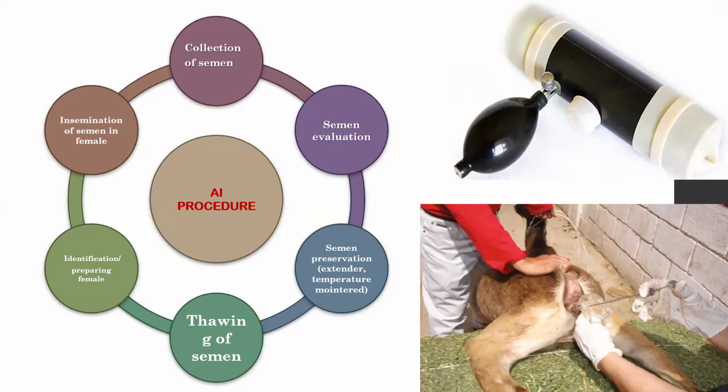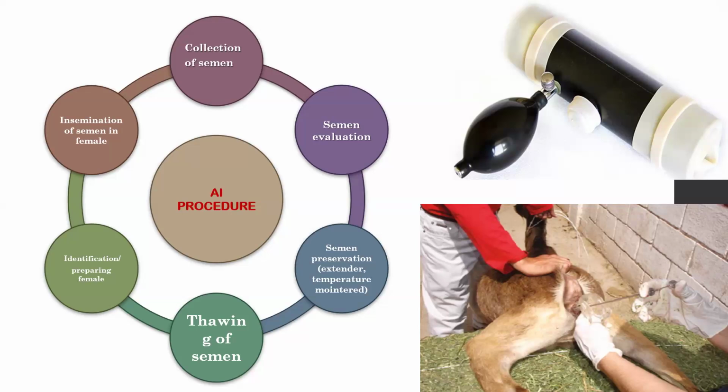For preservation, we need suitable extenders, and the temperature should be regulated, because we know semen consists of living cells which are very sensitive and fragile towards stress in terms of temperature, storage, handling, and any type of secondary stressors. It is a very sensitive cell, so we have to take a lot of precautions for preserving it.